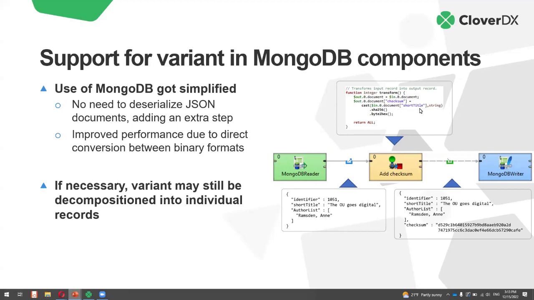In here, I'm just reading a short title, meaning basically this value, and I'm creating a SHA-256 checksum out of it and storing it back into the record, and then writing into the MongoDB database. And I can do that with a single step, essentially.